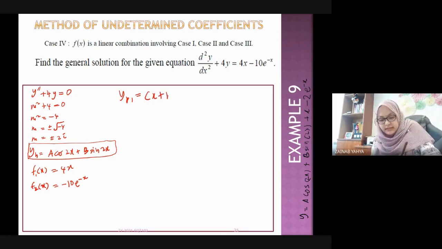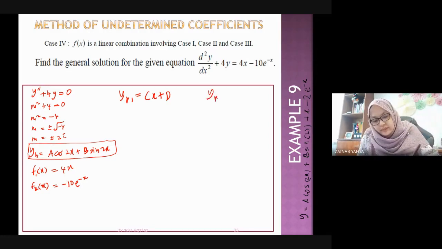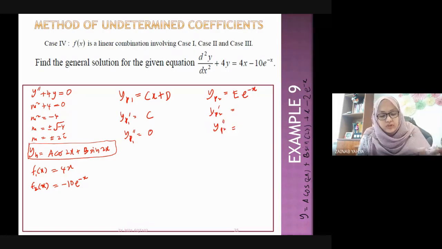It is cx plus d only, because it's power 1. So yp2 will be e times exponent negative x. Now we differentiate. It's up to you whether you want to solve yp1 first, then proceed with yp2, or do it like this.